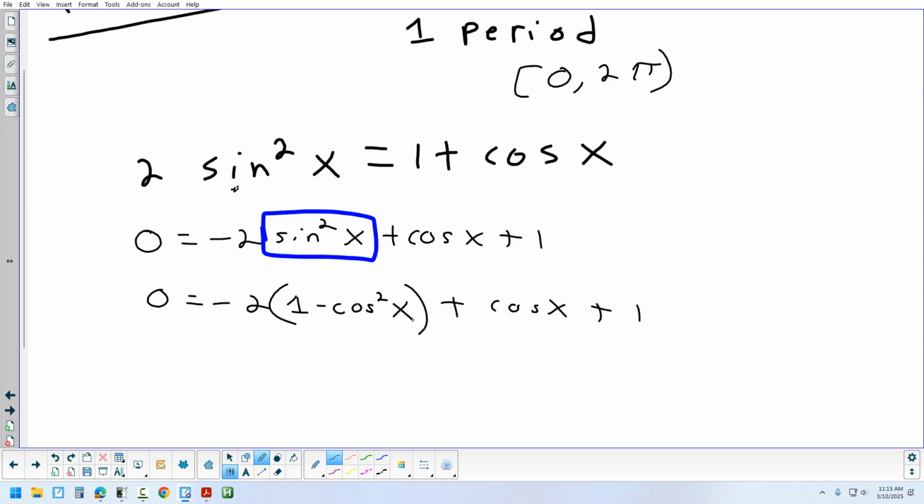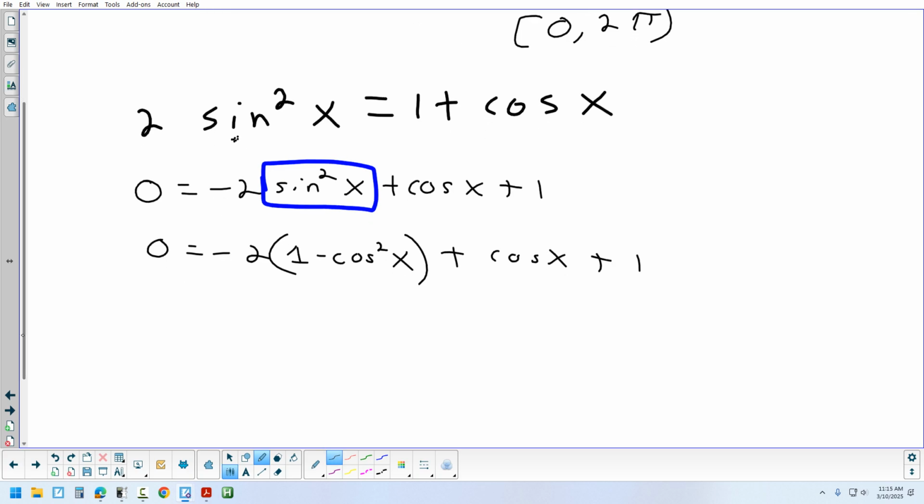Okay, now what do we have to do with that negative 2? Distribute. So watch what's going to happen. What's negative 2 times 1? Negative 2. And what's negative 2 times negative cosine squared? Positive 2 cosine squared. That's why I put the cosine squared where I did. So whenever I have to substitute, I always make the squared term negative, because I know when I substitute, it's going to change to positive.